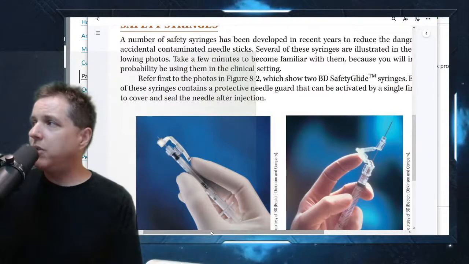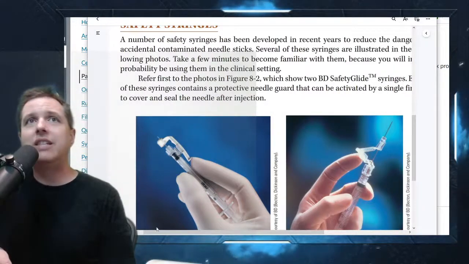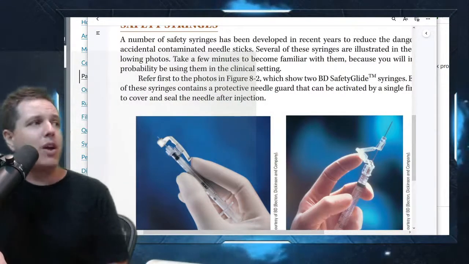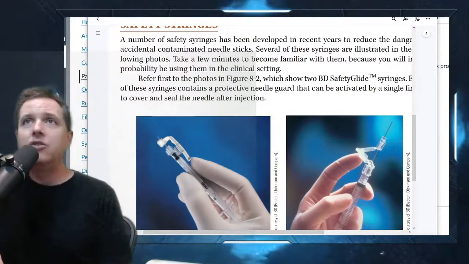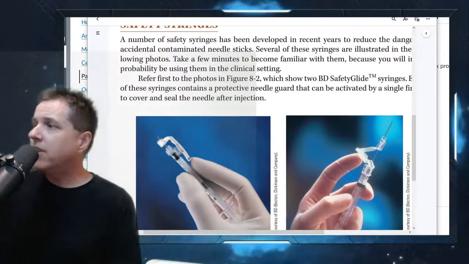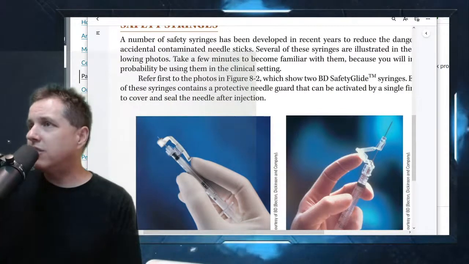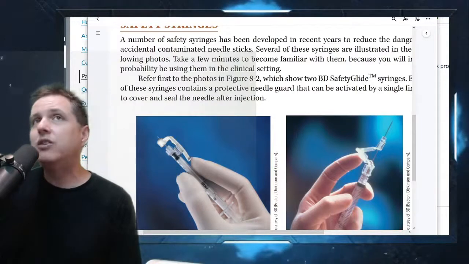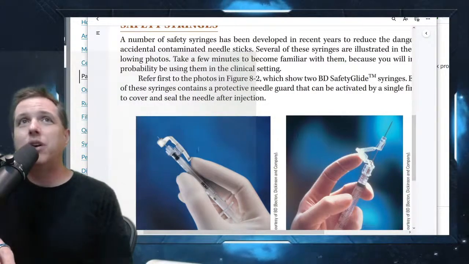So you don't have to be using both hands to do it. You can see in this case, the person is operating it with just one hand. Here you're flicking this piece off, unfolding it so the cover comes off, right? And that cover is not sharp like a brand new syringe, so it's much less likely that it would puncture your skin.